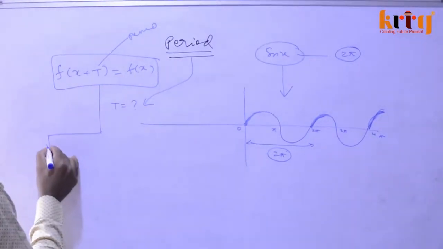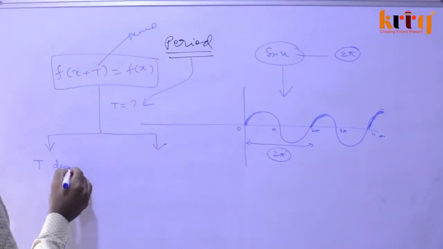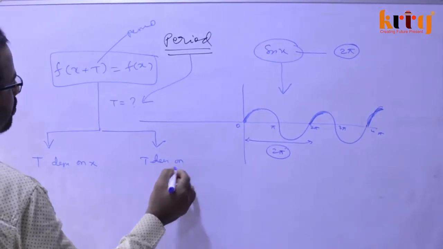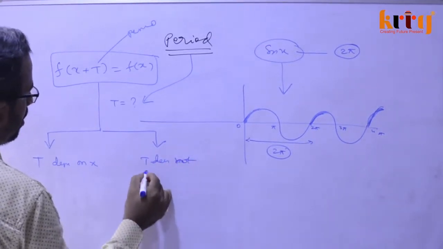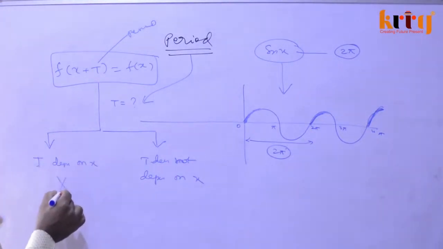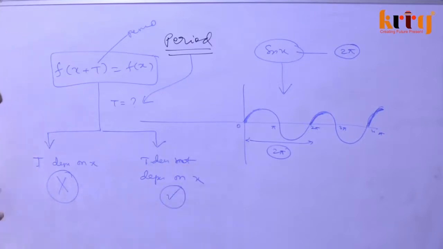And there are two important things we have to notice. t depends on x, or t does not depend on x. If t depends on x, then there is no period. If t does not depend on x, then we can calculate the period.